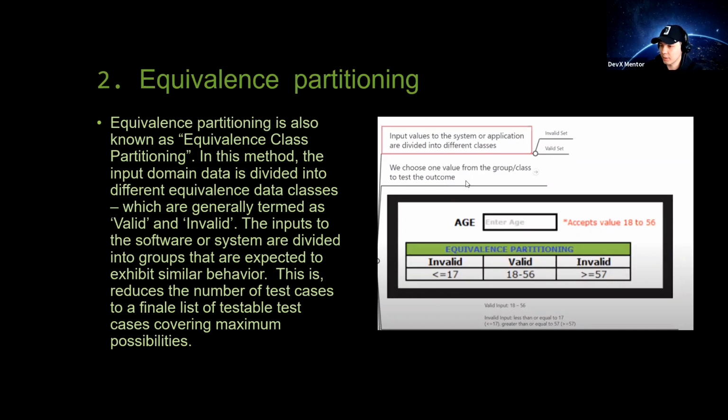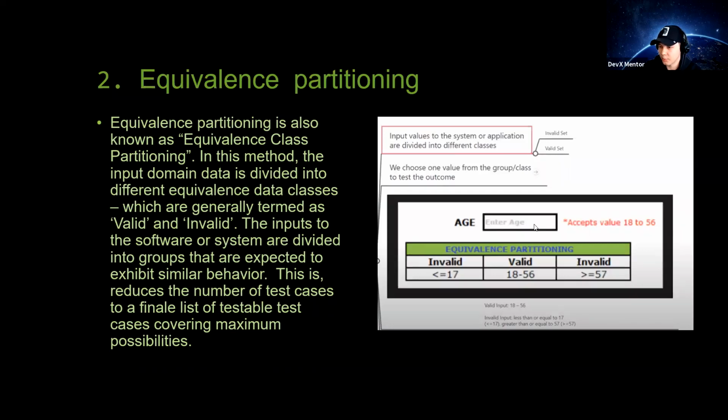So basically, when we're testing something, we want to divide our input into two groups, invalid set and valid set. So we're expecting some positive scenarios and negative scenarios.